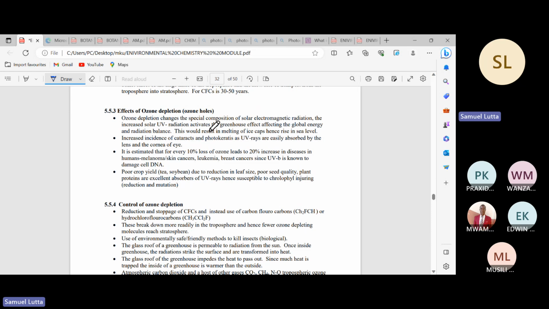And we say these radiations are normally not good. When they come into contact with our skin, they can cause skin cancer. Some of them have also been known to affect the eyes. They can cause what we call cataract and other infection of the eyes.